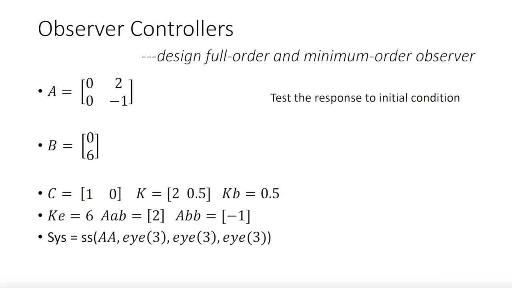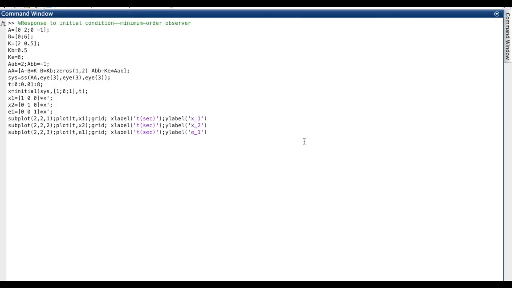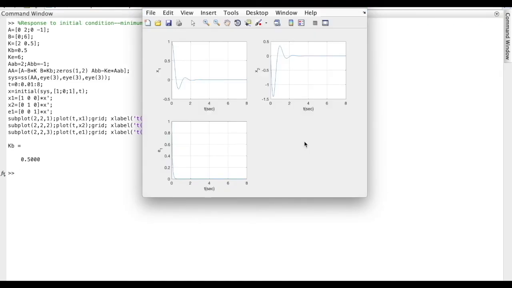Now in this stage we are going to find the response of the system using these design values. Here we are going to plot the states of the system in addition to the error dynamics.